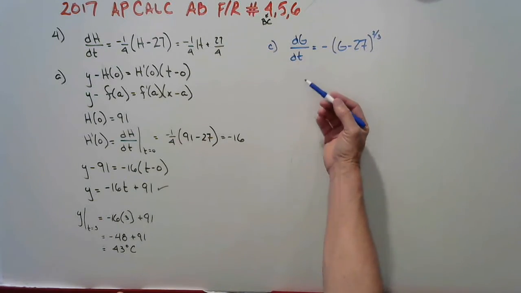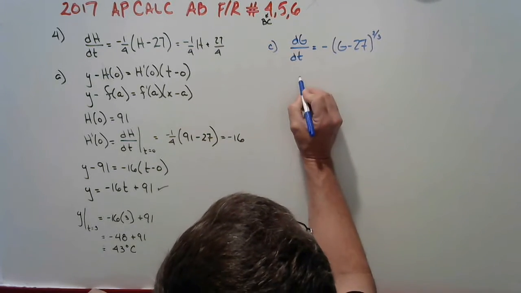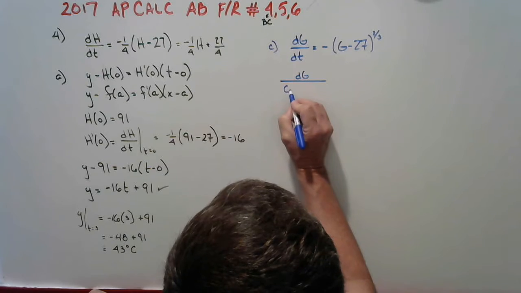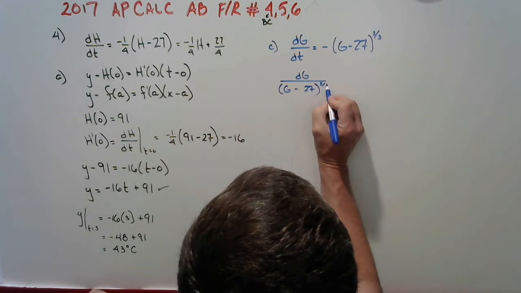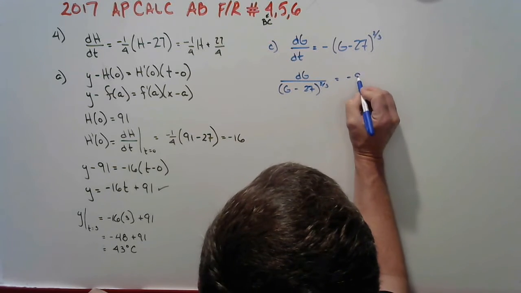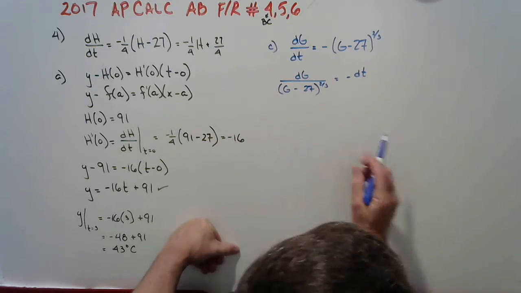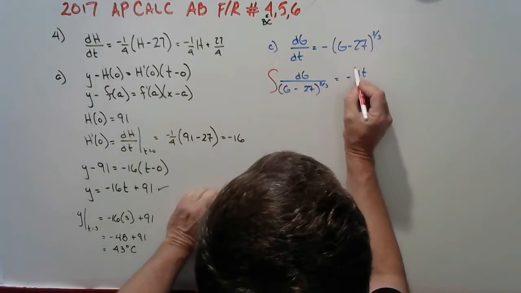To solve this, we would have to separate our variables, so we would get dg divided by g minus 27 to the 2/3 equals negative dt. And remember, we solve a separable differential equation by taking the integral of both sides.